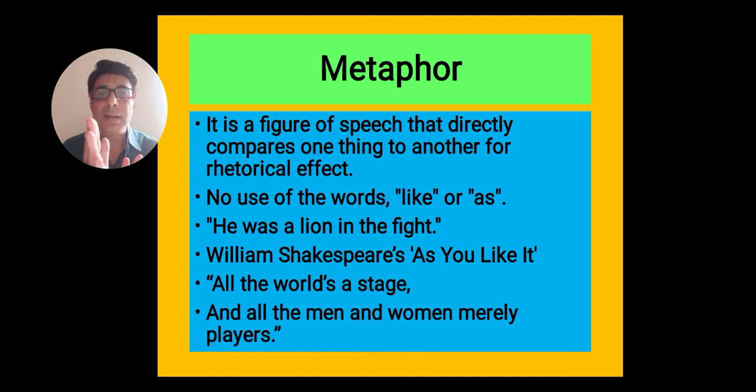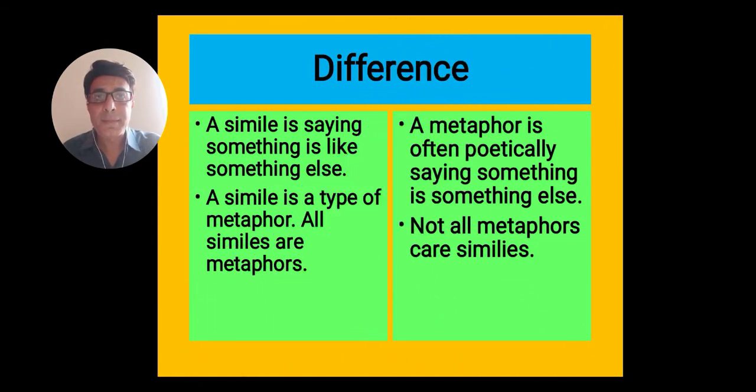All the world is a stage and all the men and women merely players. So, here the poet William Shakespeare doesn't say that the world is like a stage. The poet says the world is a stage itself.